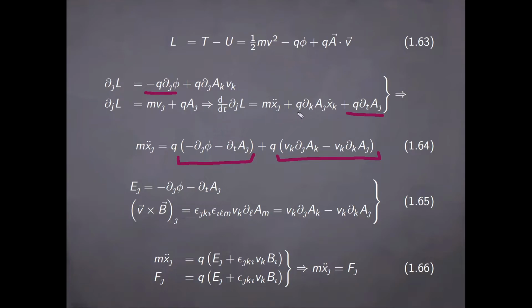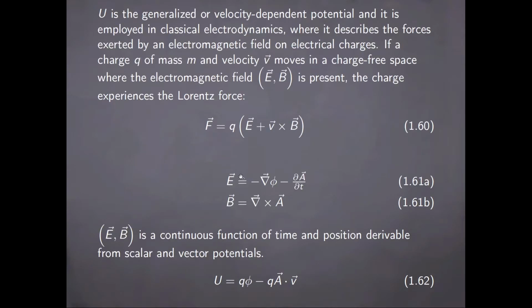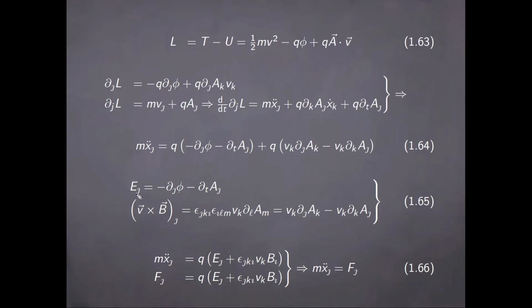So it's this one and this one. And now if we look at our previous definitions for the fields in terms of potentials, I'll bring them back up a second, so these two. It is clear that the j component of the electric field is simply given by the expression here, so it's exactly what we found in our first bracket.